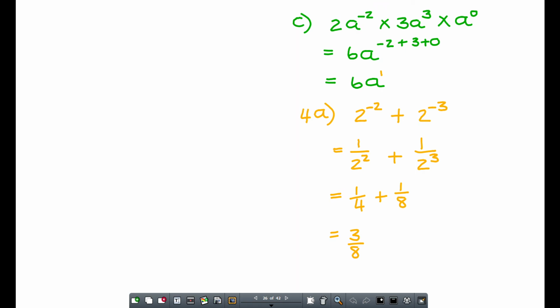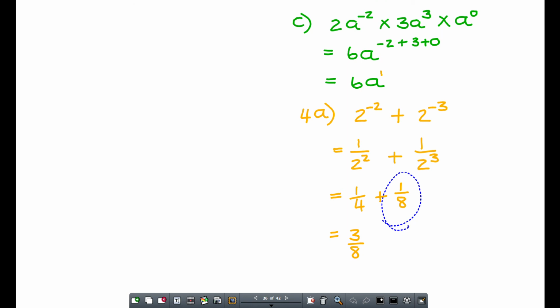So I had to go and simplify each of those terms separately, meaning 2 to the power of minus 2 will become 1 over 2 to the power of 2, and that is actually a quarter. Now we simplify the second term on its own. 2 to the power of minus 3 is the same as 1 over 2 to the power of positive 3, and that's the same as 1 over 8.